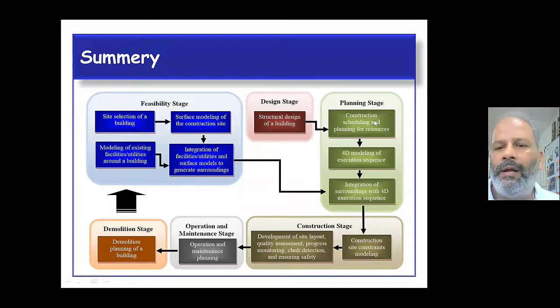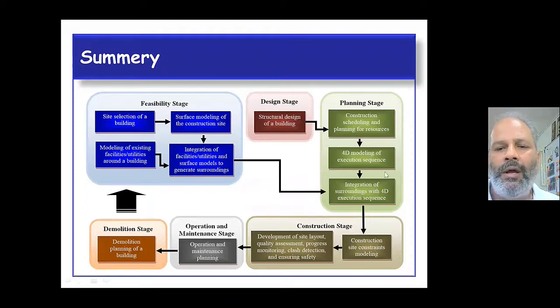Now we develop the schedule. It may be in GIS or in some other software, because that can also be imported into GIS. Then we can do 4D modeling in GIS. 4D modeling means we can link the 3D model with the schedule.